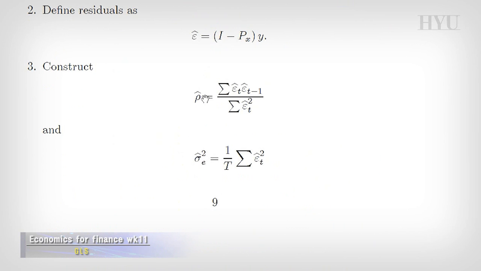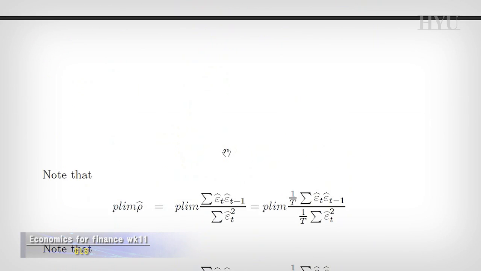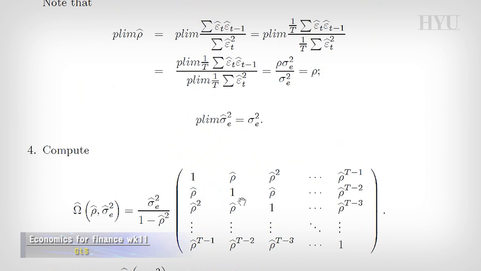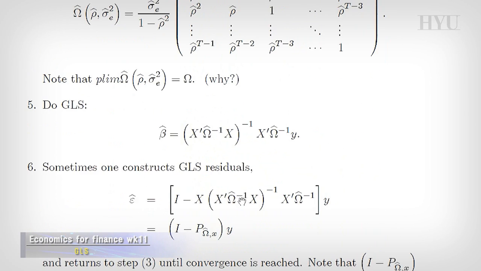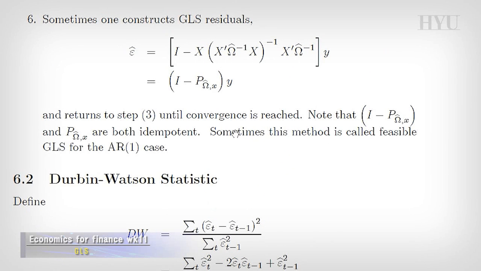From the new error term, we go to step 3 and calculate this one and this one again, and go through this step again. Some people iterate, and this procedure is called feasible GLS for the AR(1) case. People rarely do this, although some people found that iterating is actually better than a one-time iteration.